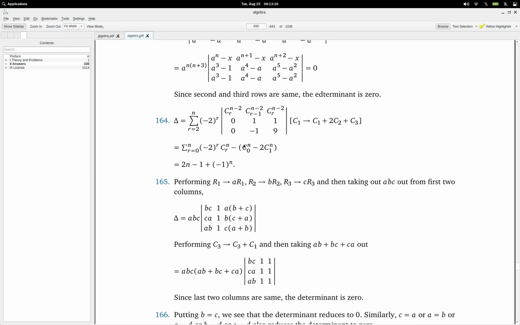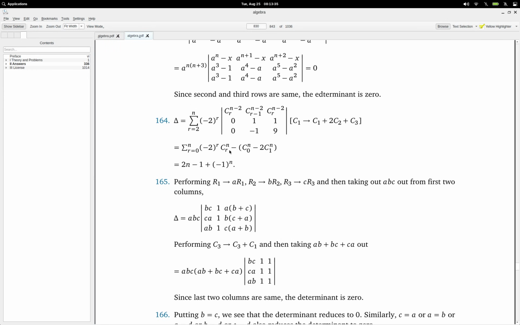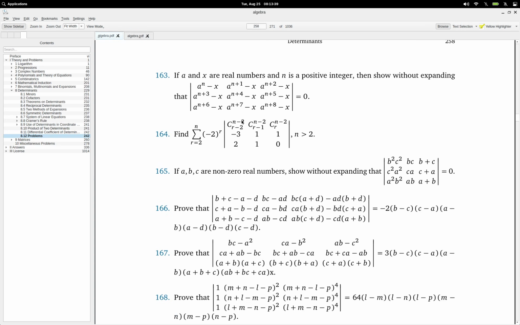No, this is all right, this is fine, we don't need bracket. This will be 0, right? So if this is 0, then it is all right. Let me think once more. So this is n minus 2 cr.